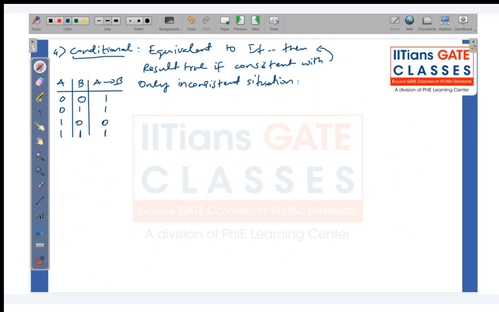So now I think you can answer. When is it inconsistent? What are the values for A and B for when it is inconsistent? Yeah, A is equal to 1, B is equal to 0.